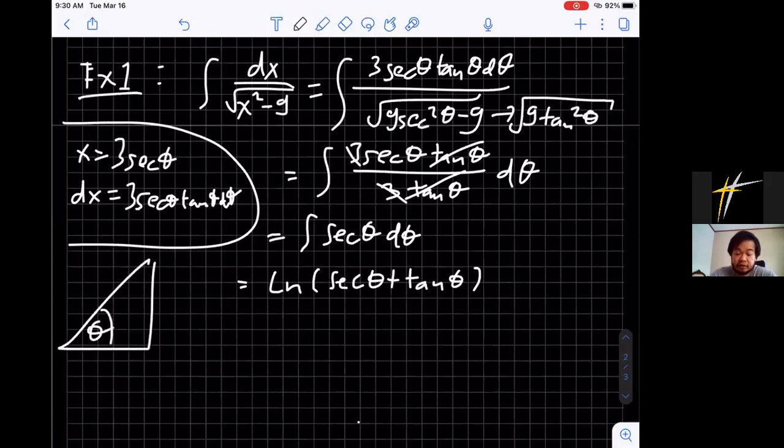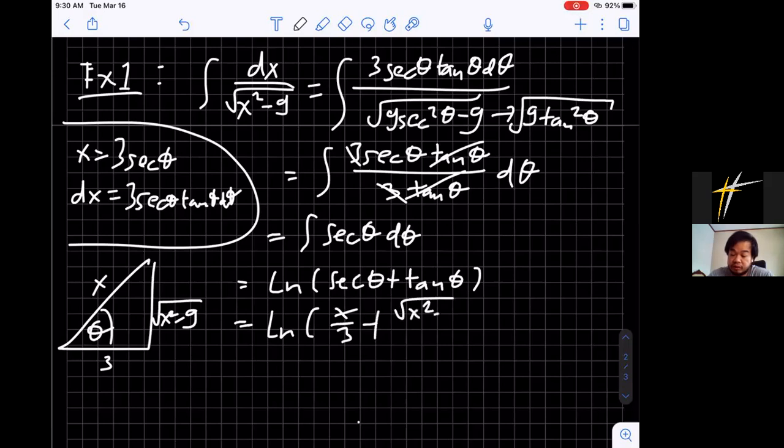Secant is x over 3, so this is x, this is 3, and this will be square root of x squared minus 9. Yeah, so the result is ln of secant is x over 3 plus tangent is square root of x squared minus 9 over 3.